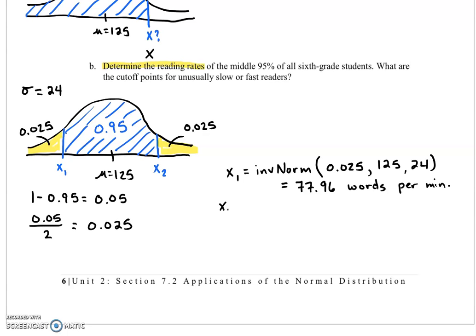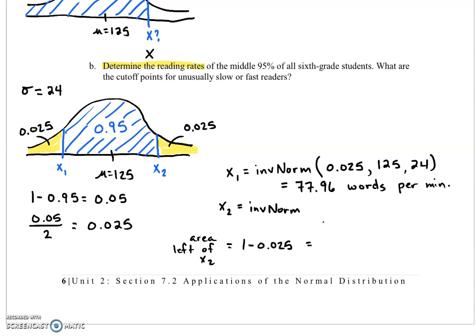Now to figure out X2, we have inverse norm, and we need to figure out the area to the left of that. We know the area to the right is 0.025, so we need to do 1 minus 0.025. That's the area left of X2.